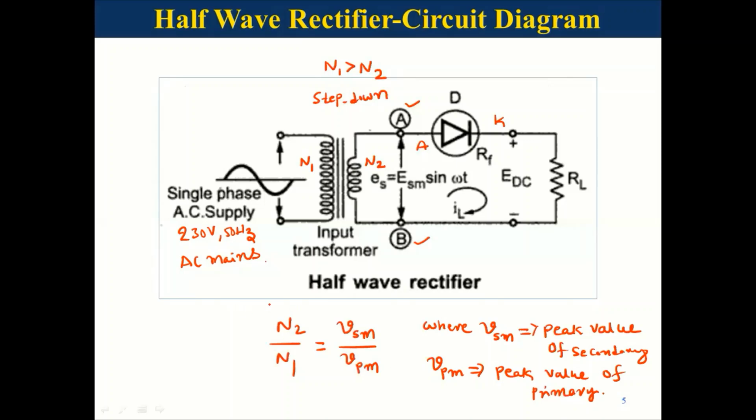So this N2 by N1 is equal to VSM by VPM, that is the turns ratio of the transformer which is used in this half-wave rectifier circuit.